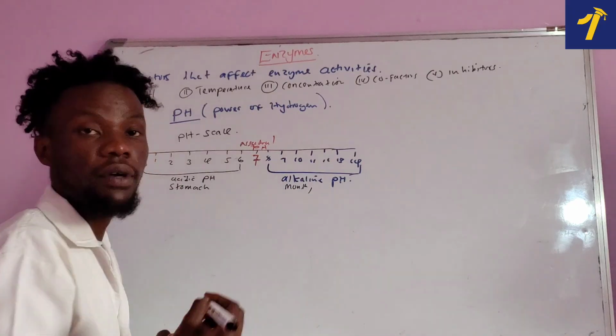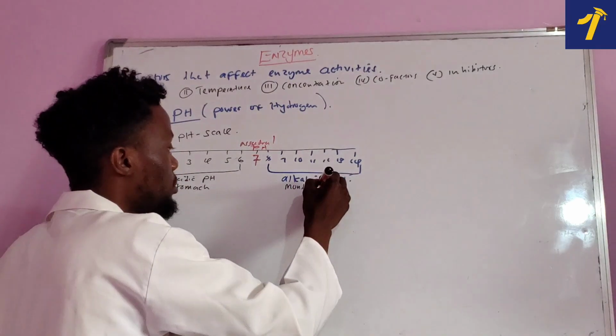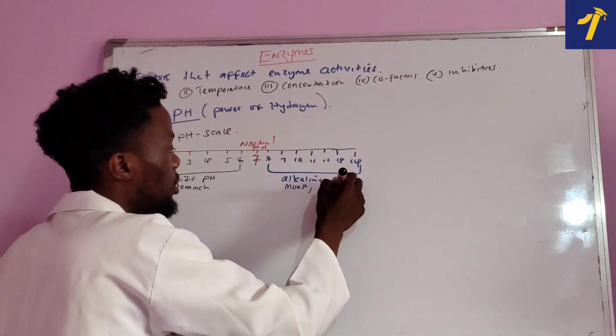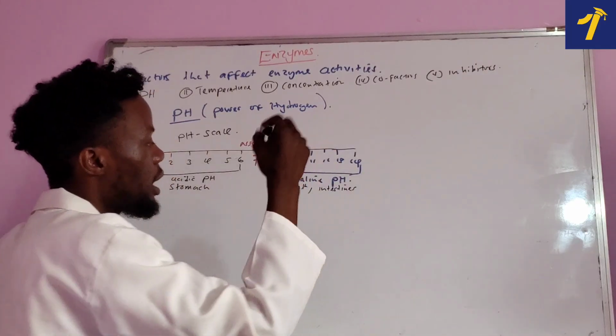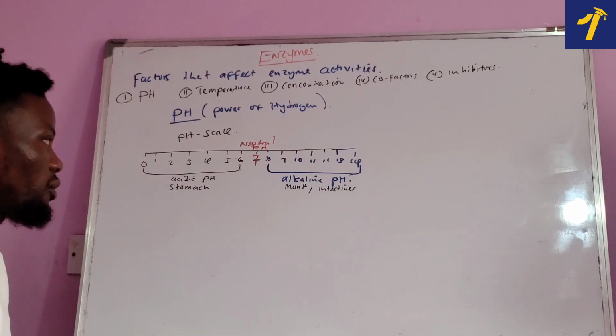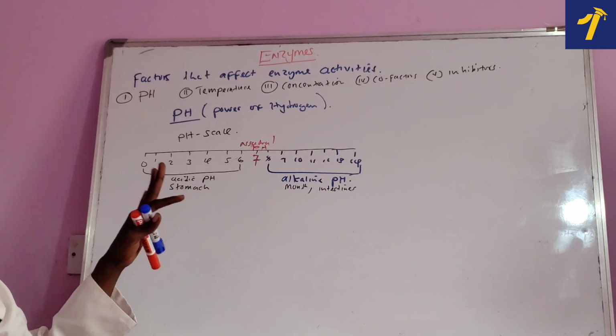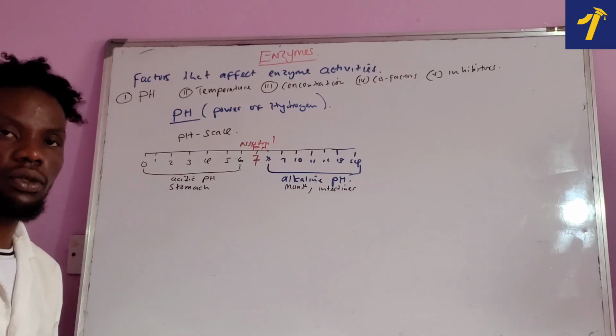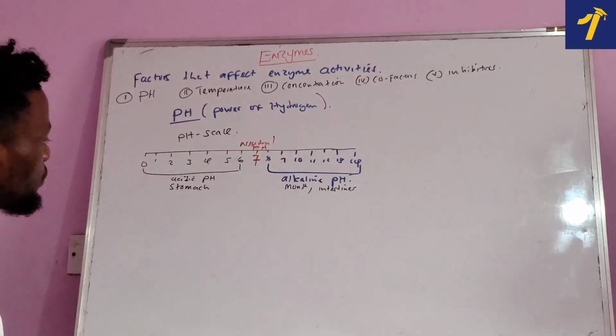You can find it in the intestines, large intestine, small intestine. That's why we find the alkaline pH there. Alright? So at least you know where you can find this type of pH. The neutral pH, quite alright, I don't think there's a region for neutral pH, right?